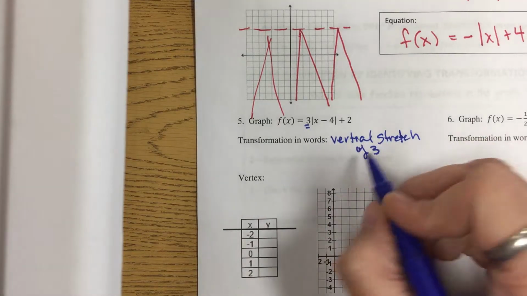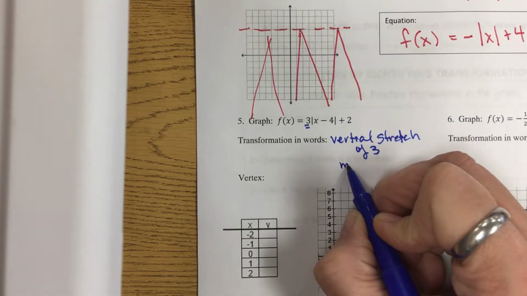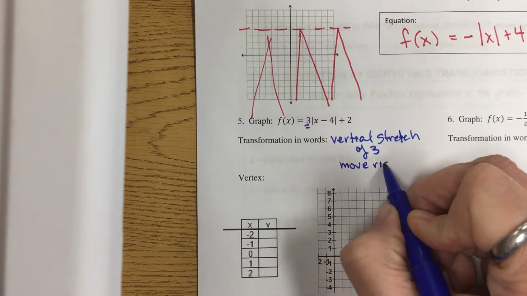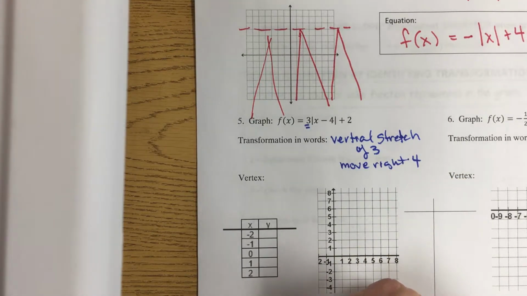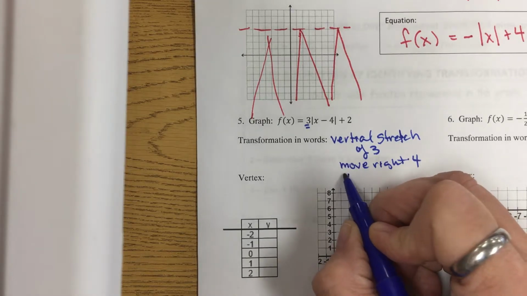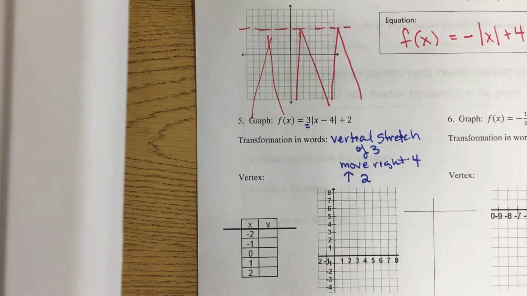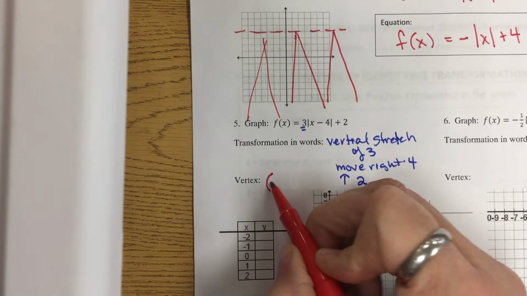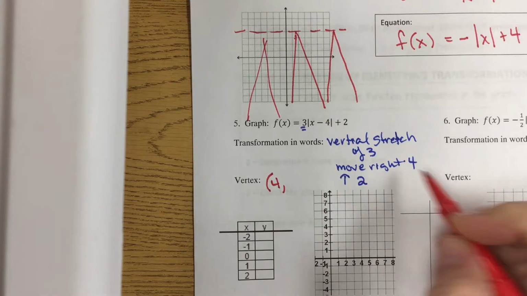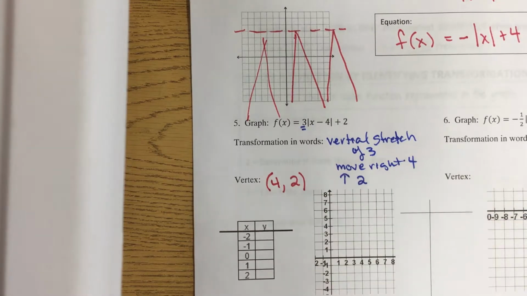This in here tells us we're going to move right 4, and it tells us that we're going to go up 2. What is my vertex for this? Well, my h value is 4. My k value is 2.